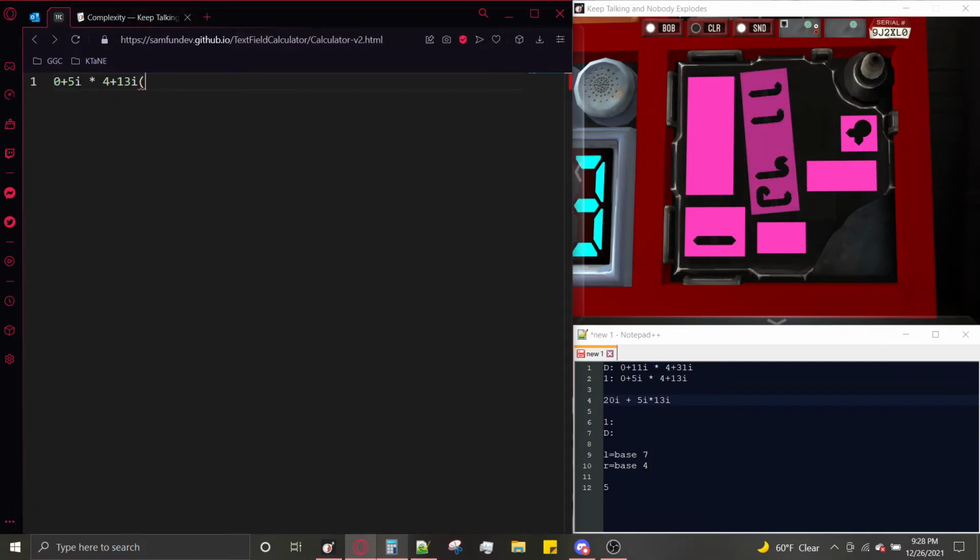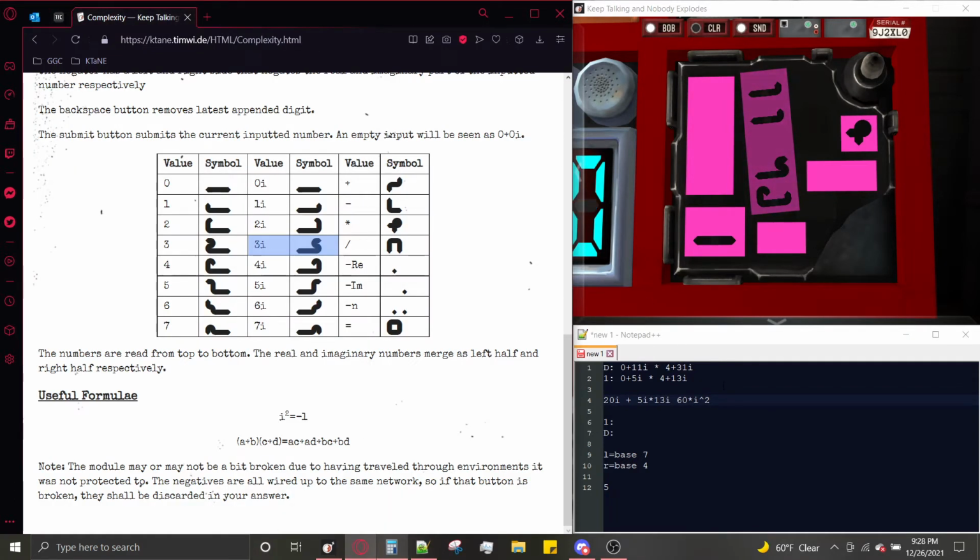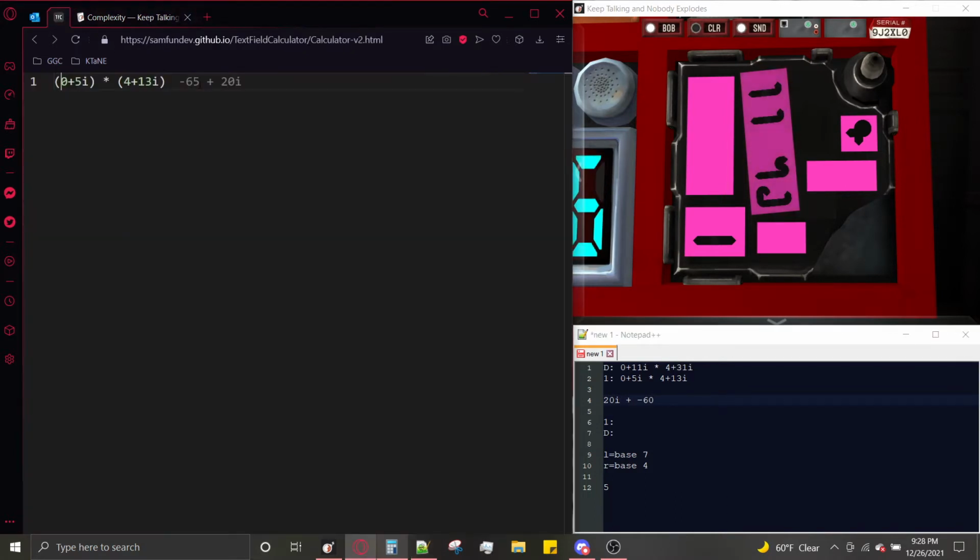Oh, my bad. I need to put these in parentheses because that changes the outcome. Anyway, 5i times 13i is going to be 60 times i squared. And i squared is equal to negative 1. So 60 times negative 1 is negative 60. Now... oh, my bad. 5 times 13 is 65.